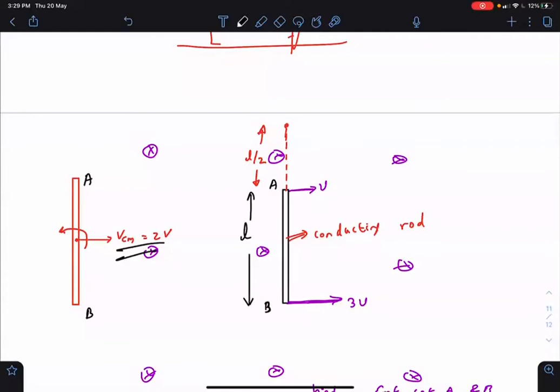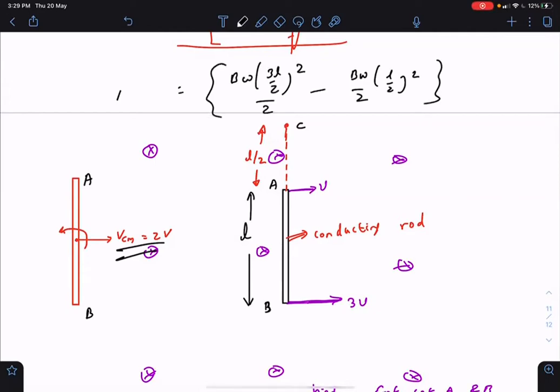The other says no, I will take the instantaneous axis. Both will do the same, because here also VCM will give us 2V. So you will do B omega (L by 2) whole square by 2 and B omega (3L by 2) whole square by 2, and then you will subtract. That is the answer, and omega is equal to 2V by L.